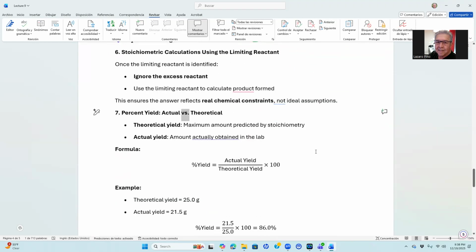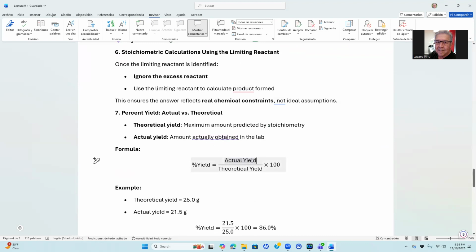Percent yield, actual versus theoretical. Theoretical yield, maximum amount predicted by stoichiometry. Actual yield, amount actually obtained in the lab. Formula. The percent yield uses the actual yield, the one that you get in the lab, because sometimes, as if you were cooking, you mix the same amounts of things and the product is smaller or bigger.